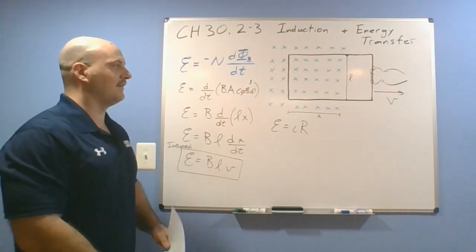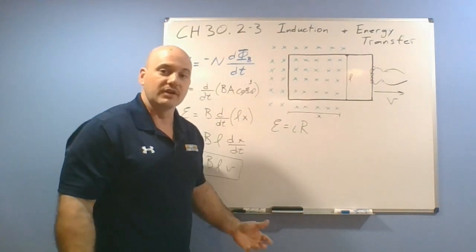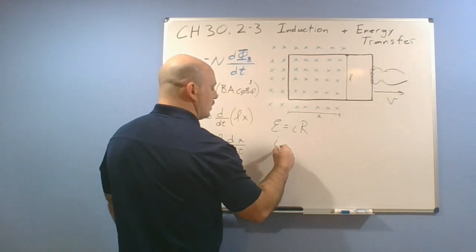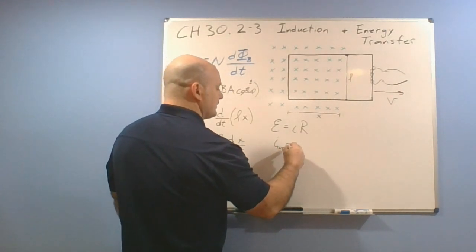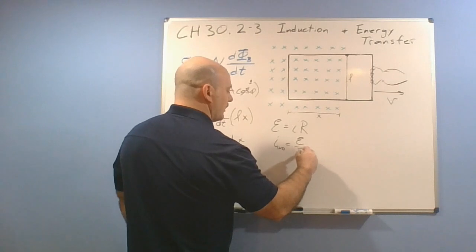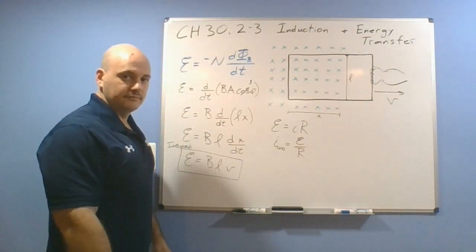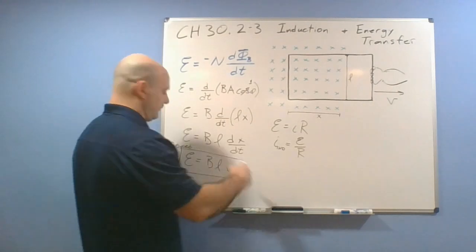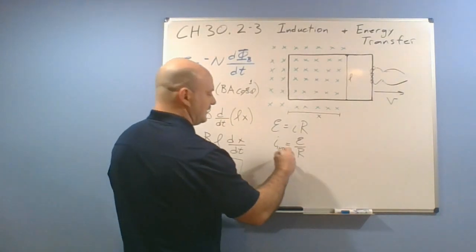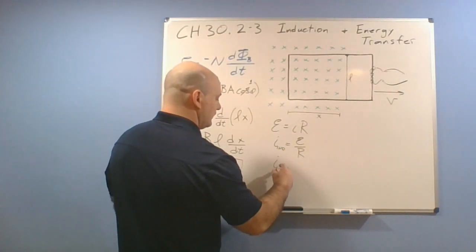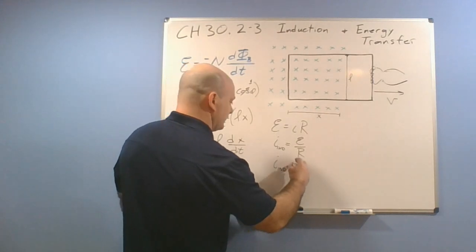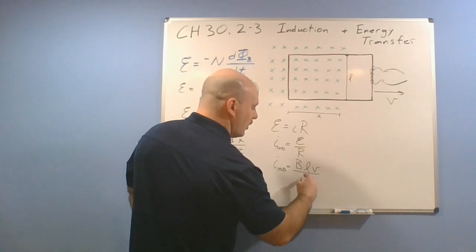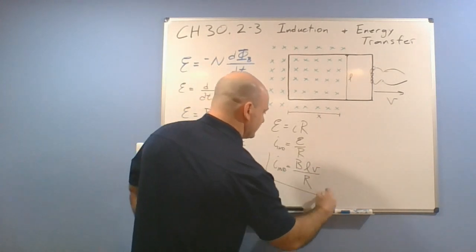So saying that this wire has some resistance associated with it, then we could call the induced current just EMF over R by Ohm's law. So subbing in our expression for EMF, I put that the induced current is going to be equal to the magnitude of the magnetic field times the length times the velocity over the resistance.